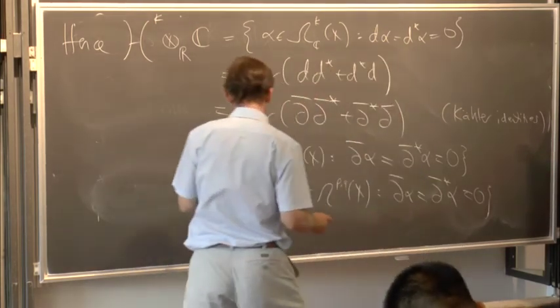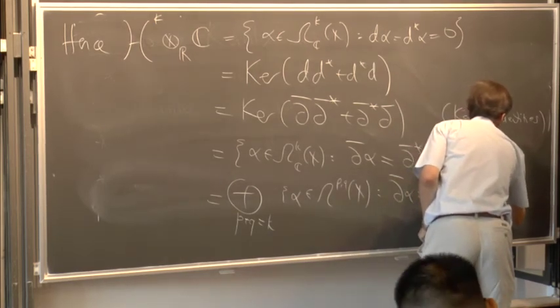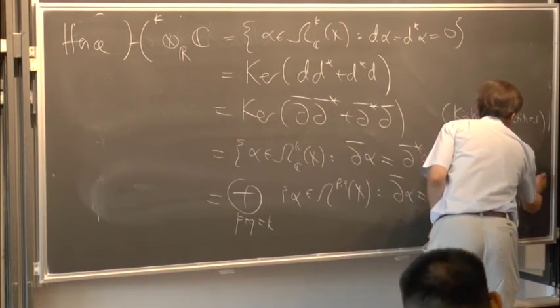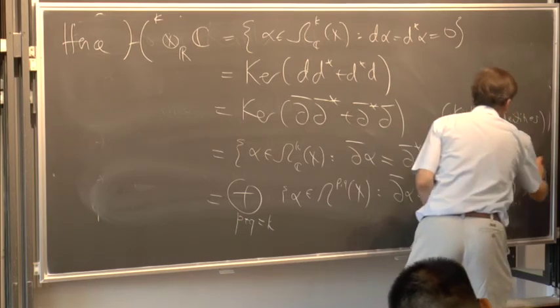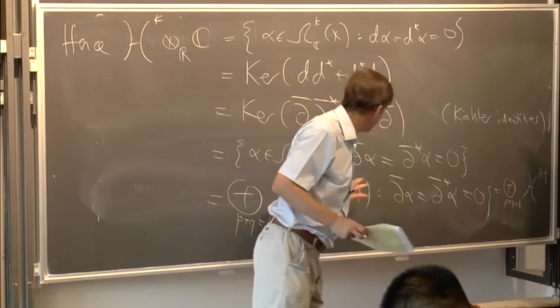Okay, and let's write this as the direct sum over p plus q is k of curly H^{p,q}, the set of harmonic (p,q) forms. It's just this set here.